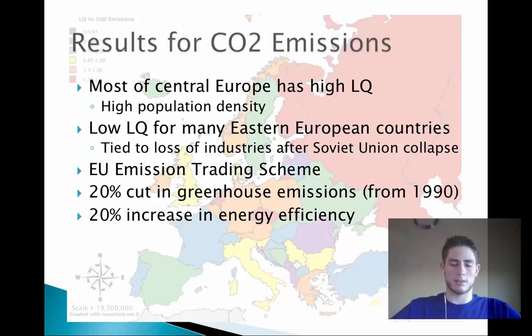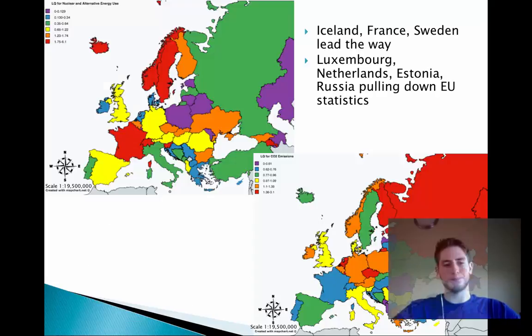Part of this initiative allows the countries to work together, and they're given a certain allowance of CO2 emissions, and they're also allowed to trade some of that allowance. So if a country is doing really well as far as emissions, they can sell off some of that allowance to countries that are going to break past their goal.